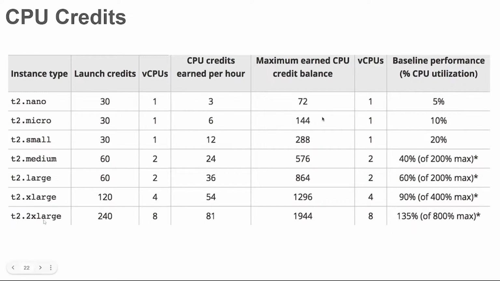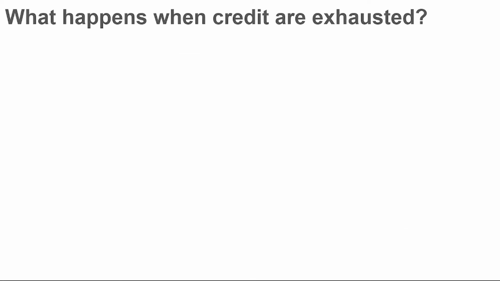T2.2xlarge has the largest vCPU count, the highest launch credits, and can earn the most CPU credits per hour. It has a CPU credit balance of 1944, vCPUs are 8, and it can give you about 135% of CPU utilization.